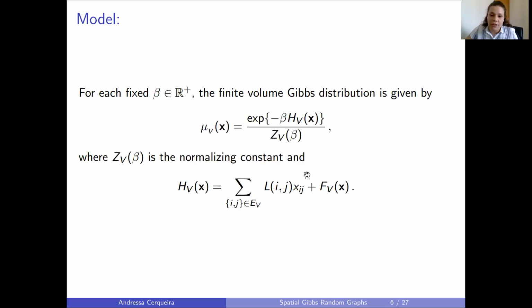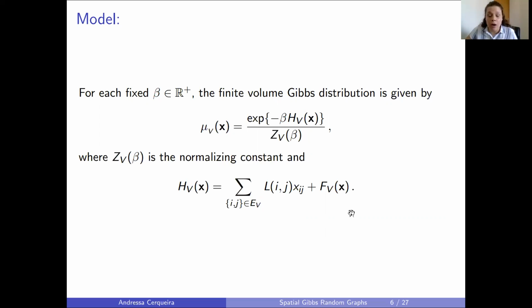The first term of my Hamiltonian counts how many edges I have in the graph, weighting each edge by its length. So basically, with this Hamiltonian, I am penalizing long edges in the graph. I prefer to have short edges.